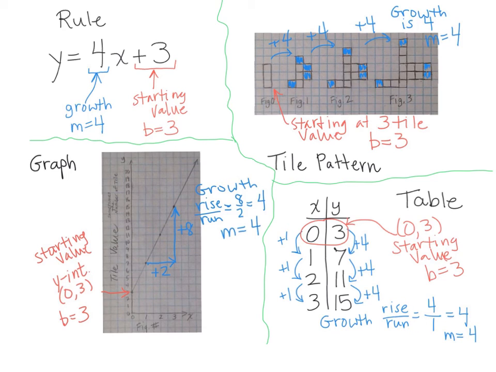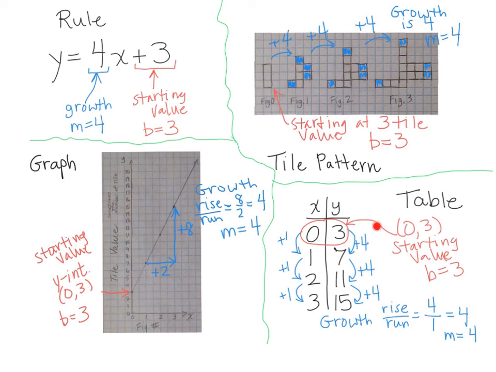For the starting value, which I put in red, I indicate where I look in the rule. I've indicated what I've determined from this: the starting value is 3. I've looked at my tile pattern and figure 0 in particular, and saw that the starting value is when b is equal to 3. On the graph, I indicated that I looked at the y-intercept. The starting value, then, that y-intercept of (0, 3), is indicating that b is equal to 3.